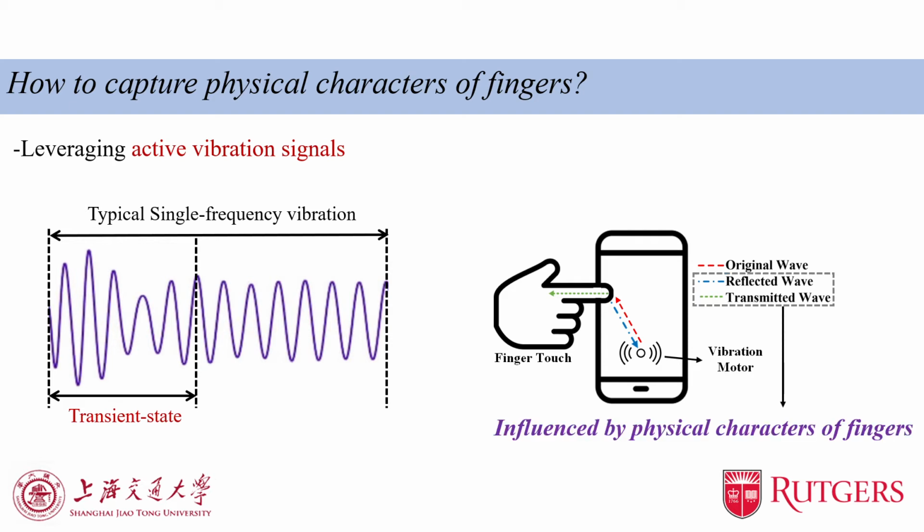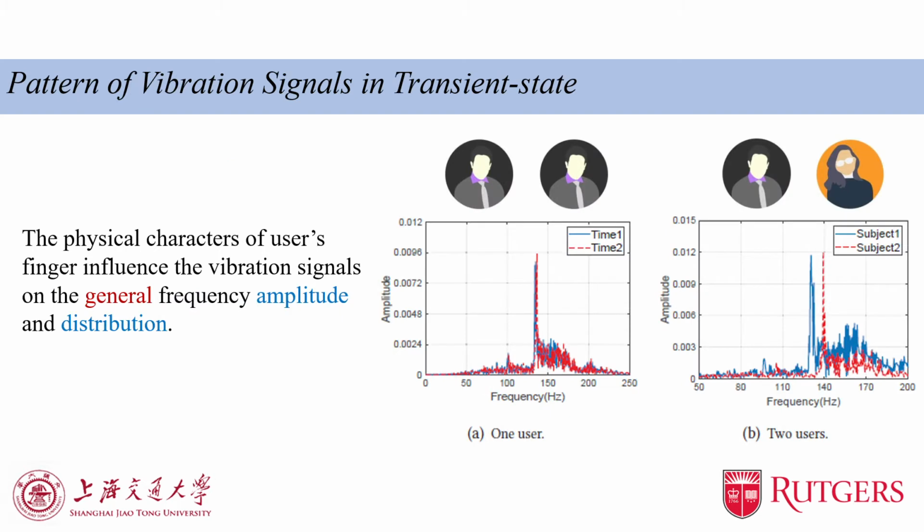Clearly, the physical characters of the finger could influence the process of this transmission and reflection, and this may show different patterns in the vibration signals. Here we show some basic results. The frequency analysis of vibration signals collected in the transient state shows that the frequency, amplitude, and distribution are different among different users.